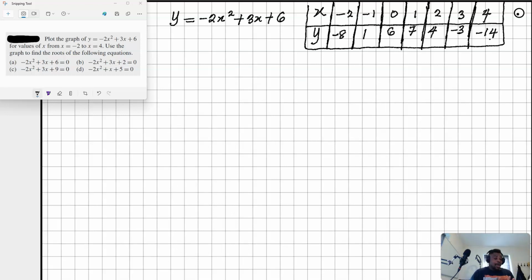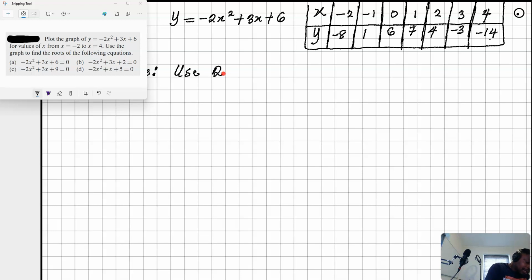Now we want to plot our graph, but I want to explain something here in terms of scales, because some of you might be taking an examination where you'll be asked to plot a graph and you'll be given a particular scale. So you need to understand how this scale works.